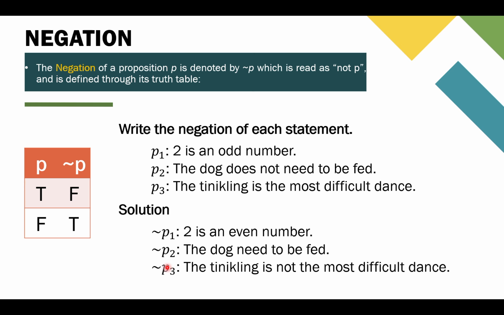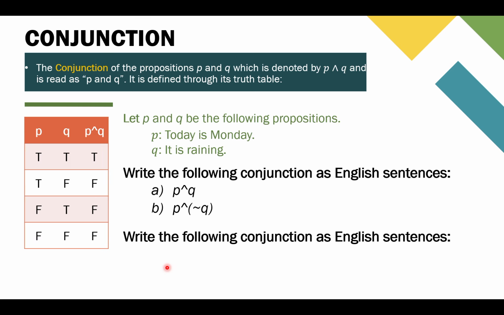logical operator. Now, let's move on to the second logical operator, that is conjunction. The conjunction of the propositions P and Q, which is denoted by the inverted V. Okay, this is read as P and Q. Okay, remember that the inverted V is denoted by the word and it is defined through its truth table.